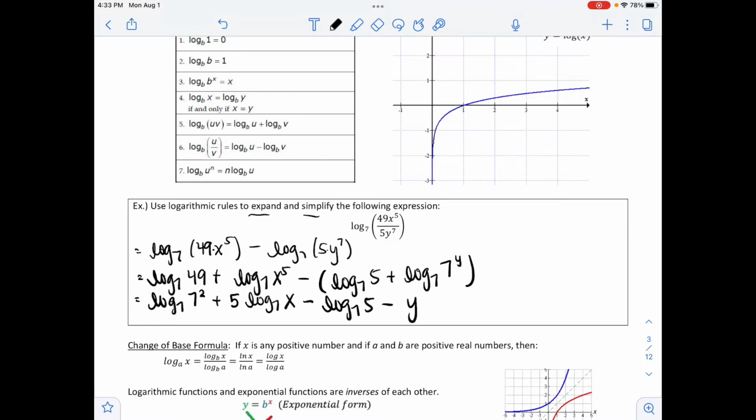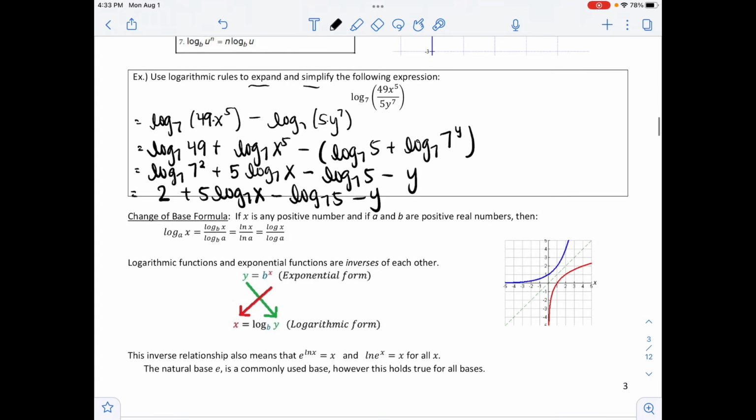From here, I still note that that first expression that we have here is log base 7 of 7 squared, which is just equal to 2. And so this would be equal to 2 plus 5 log base 7 of x minus log base 7 of 5 minus y. And that would be my final answer.